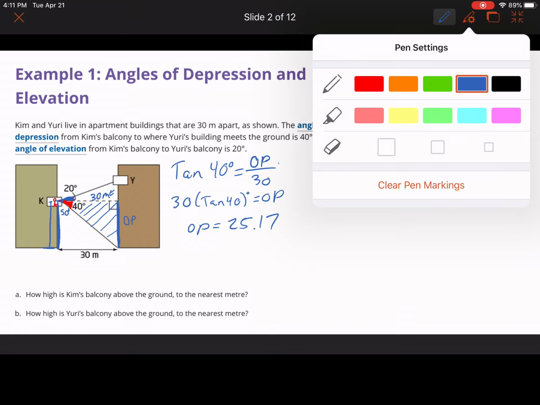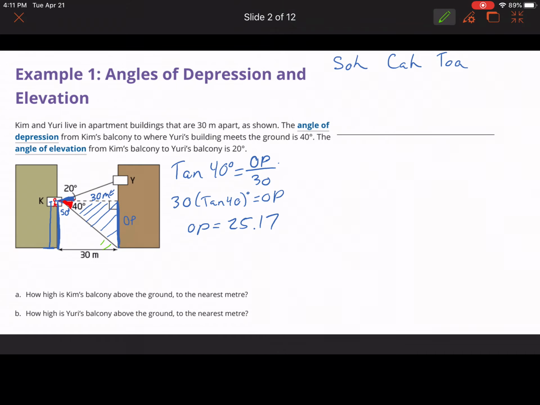Now, if I want to do the same thing using this triangle, in this case, I've got 50 degrees, and my opposite is 30, and I'm trying to find my adjacent. So tan of 50 degrees, the opposite is 30, the adjacent is missing.